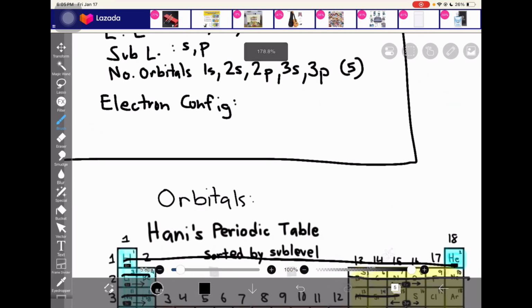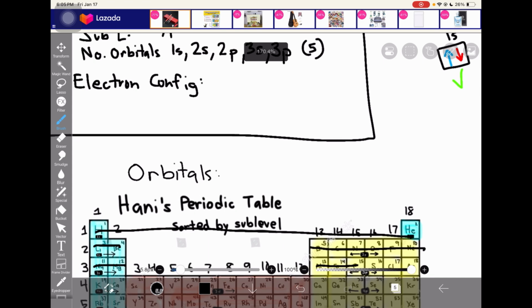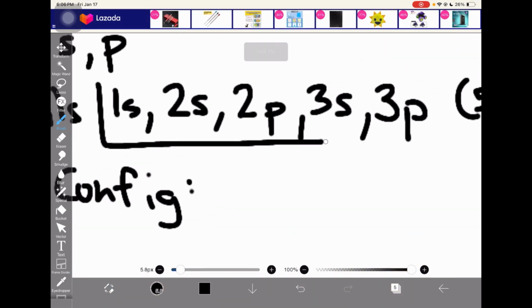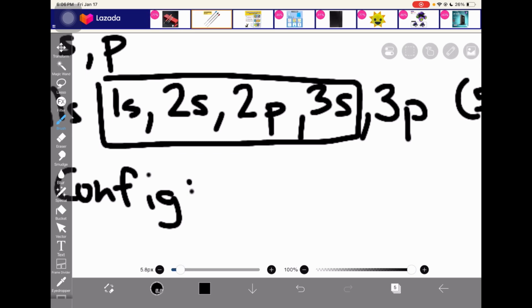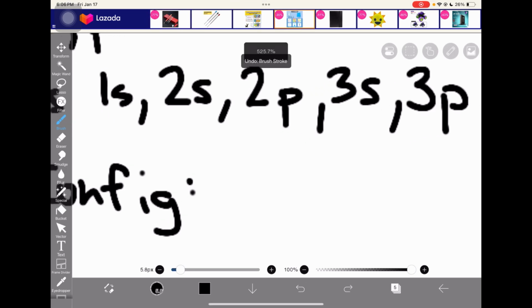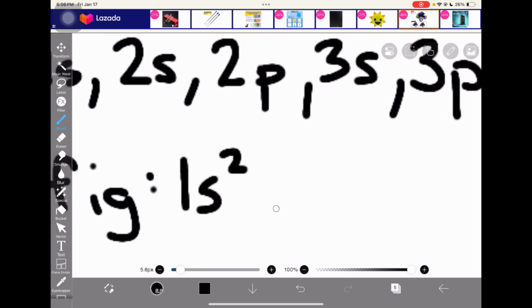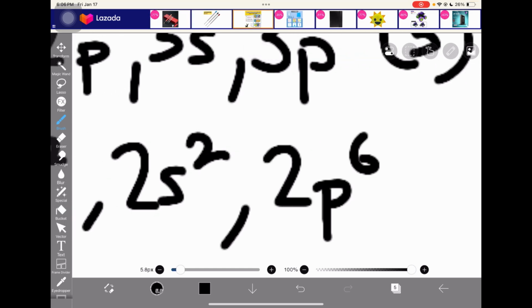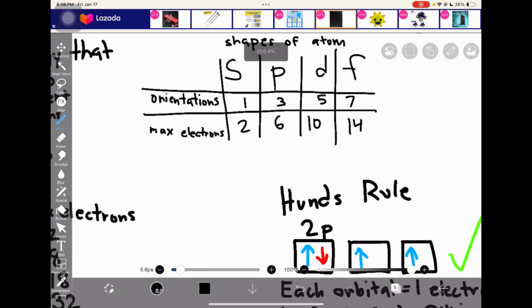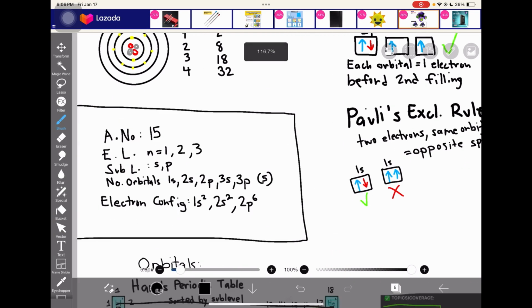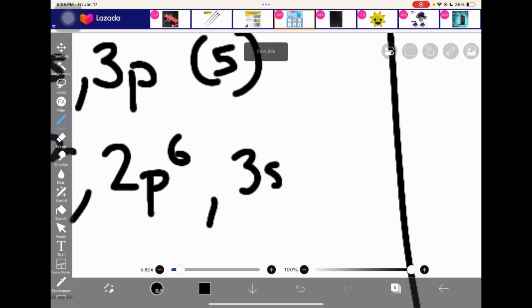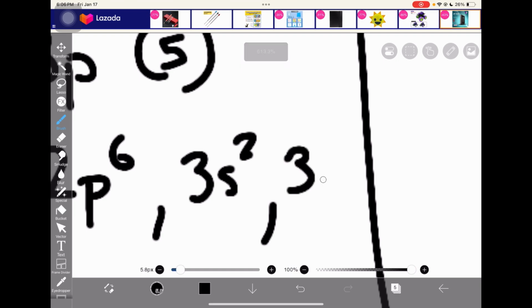For the electronic configuration, we're once again going to use the same tactic. We're just going to take note of all of this and immediately put in their maximum electron count. So 1s2, 2s2, 2p is 6 because, as you can see here, the max electrons for p is 6. So 2p6, 3s2, and finally 3p something.